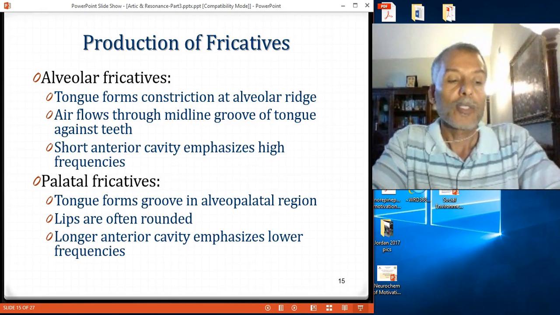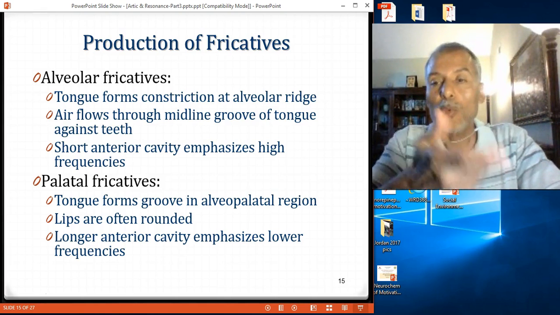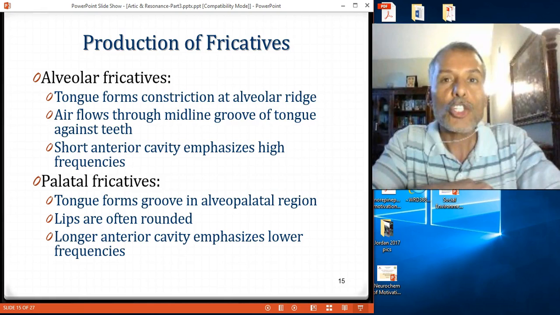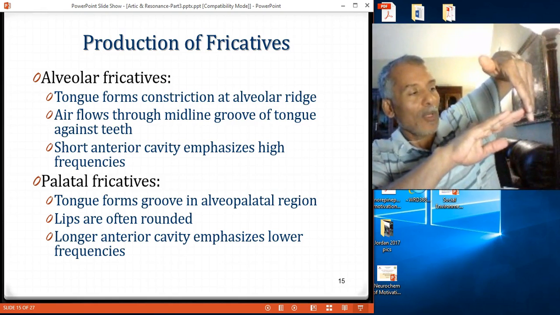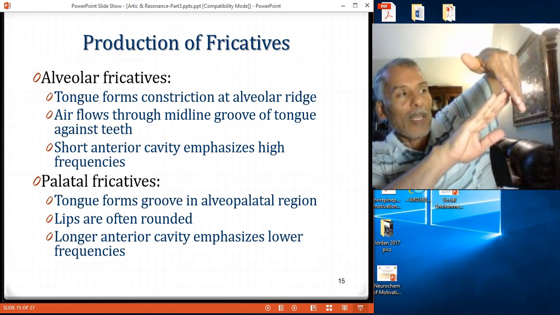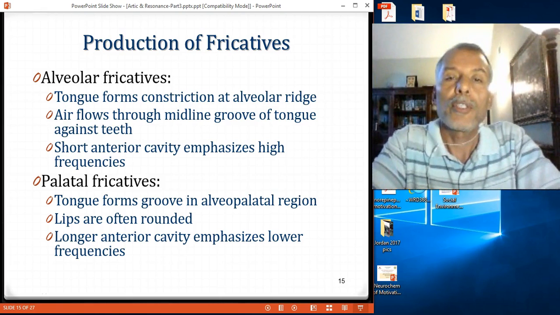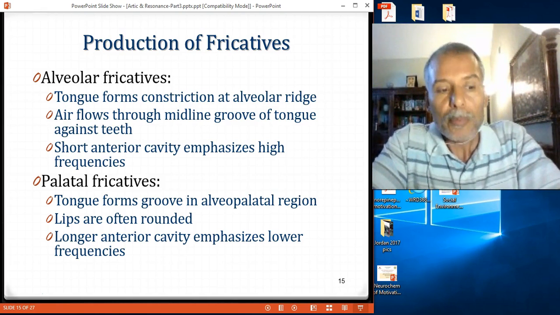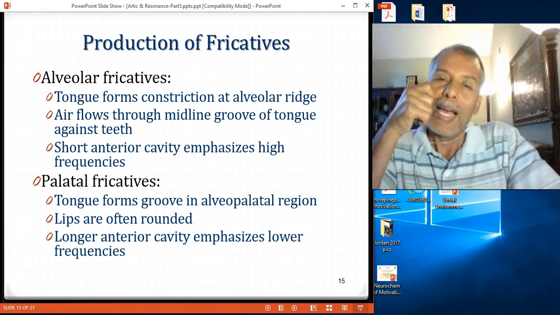For the palatal fricatives, when you say sh, the tongue goes back and up, and that adds approximately a third of a centimeter, or a quarter of an inch, as it goes back.